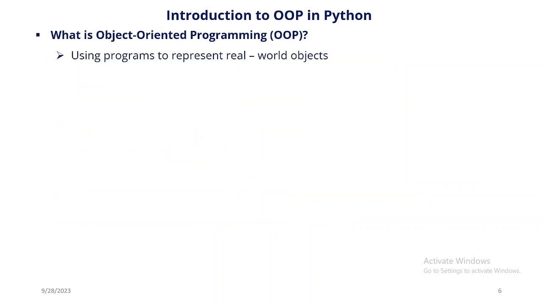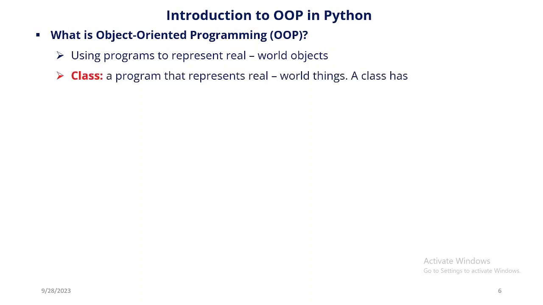What is object-oriented programming? It is a programming method of using programs to represent real-world objects, as we will see in this class. So what is a class? A class is a program that represents real-world things. A class has something called methods, which are code in the class.